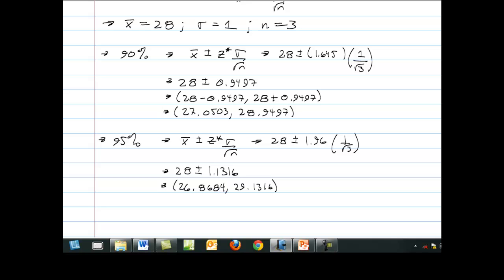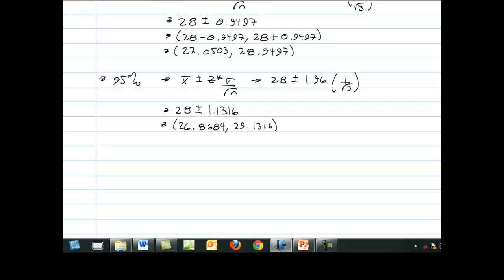Now let's see if we can predict what's going to happen for a 99% confidence interval. Still same form, x bar plus or minus z star sigma over root n, 28 plus or minus 2.576 times 1 over the square root of 3. Now what ends up happening here is I can see that this value of z star has increased, so I would expect my margin of error to increase as well.